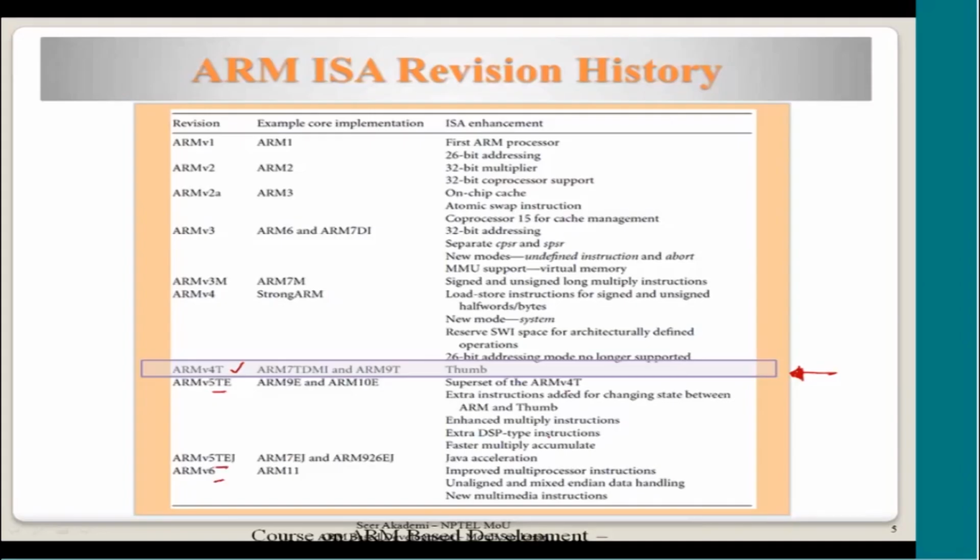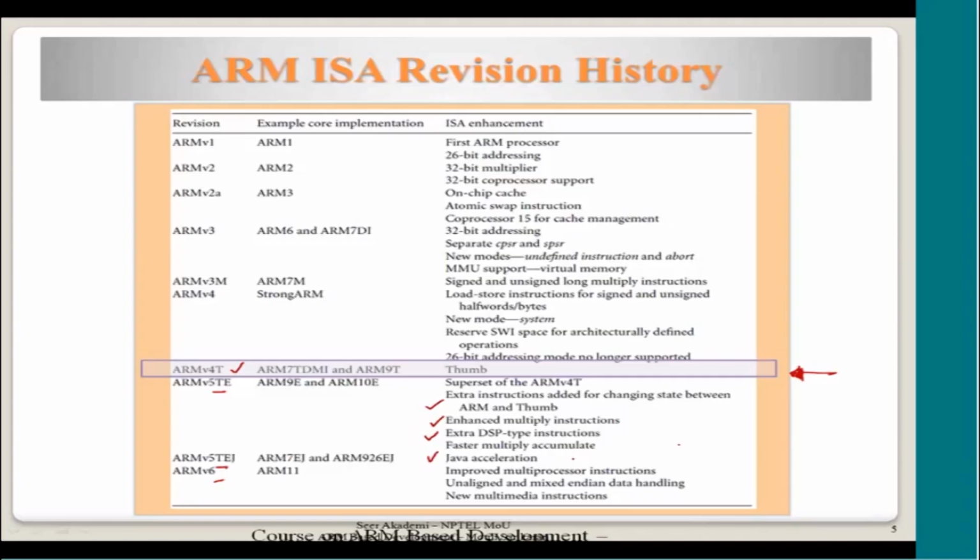You can say that everything is actually inclusive of whatever was there before. So it has the ARM Thumb mode, extra instructions we have added, enhanced multiplication instructions, DSP type instructions, and Java acceleration. As you all may be aware, Java runs on bytecode.